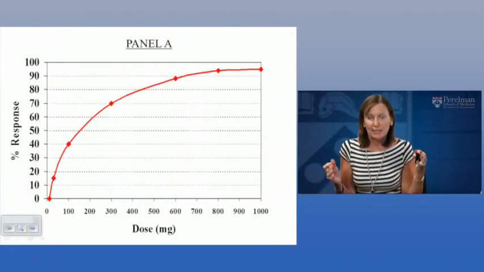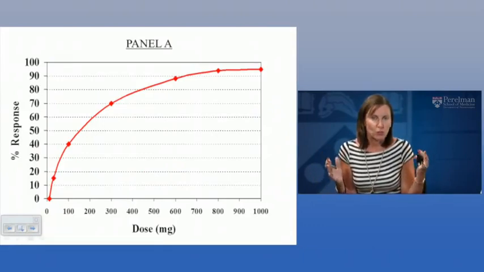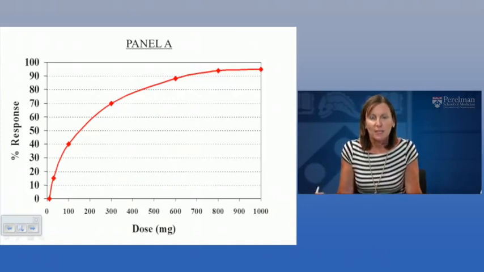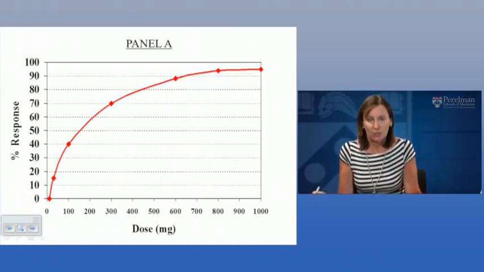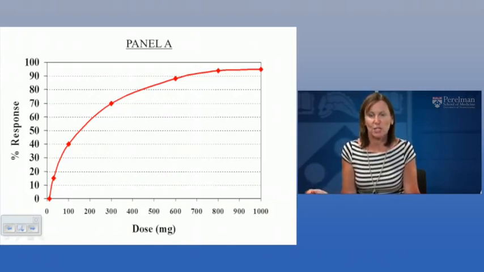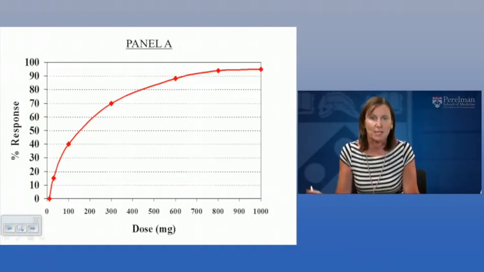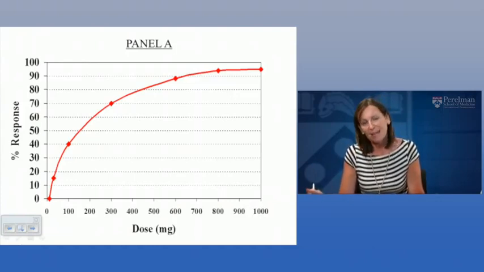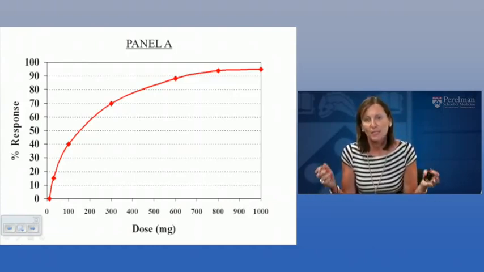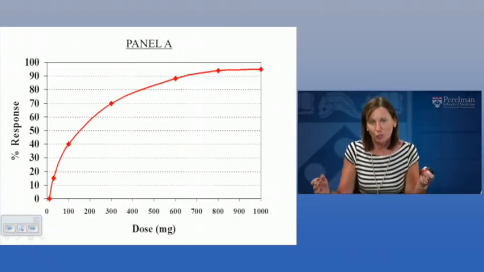When you look at panels or graphs such as these, it's very easy to say that there's a definite dose-response relationship. As you increase the dose here on the x-axis, shown in milligrams, there is an increase in response. From a mathematical perspective, however, these curves are difficult to work with.